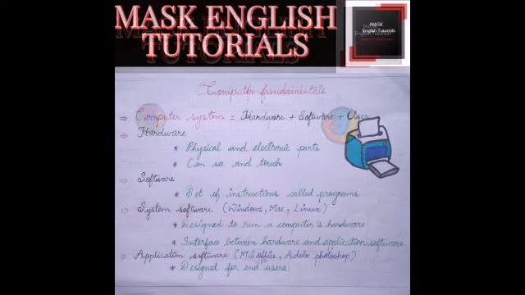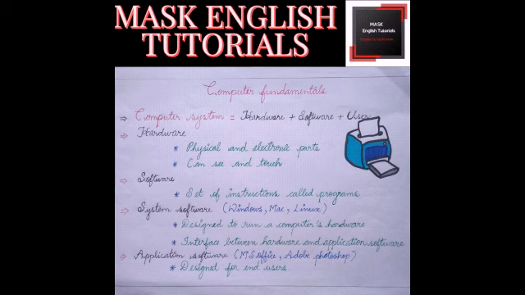What is system software? System software is a type of computer program that is designed to run a computer's hardware and application programs. System software is the interface, that is, the mediator between the hardware and user applications.